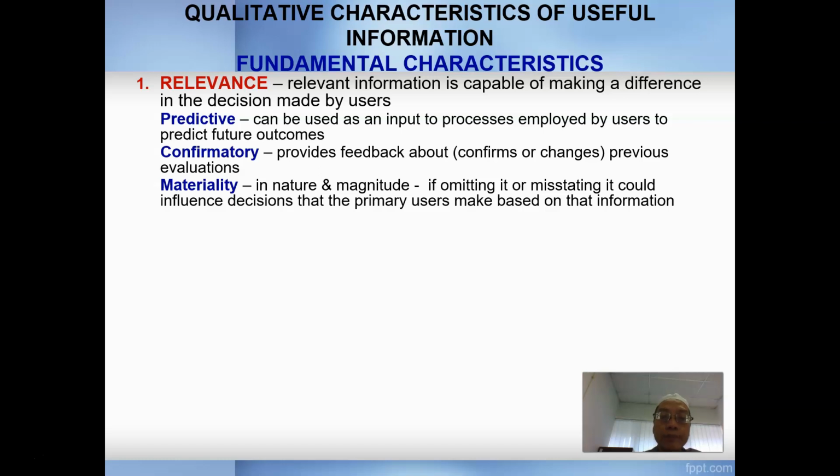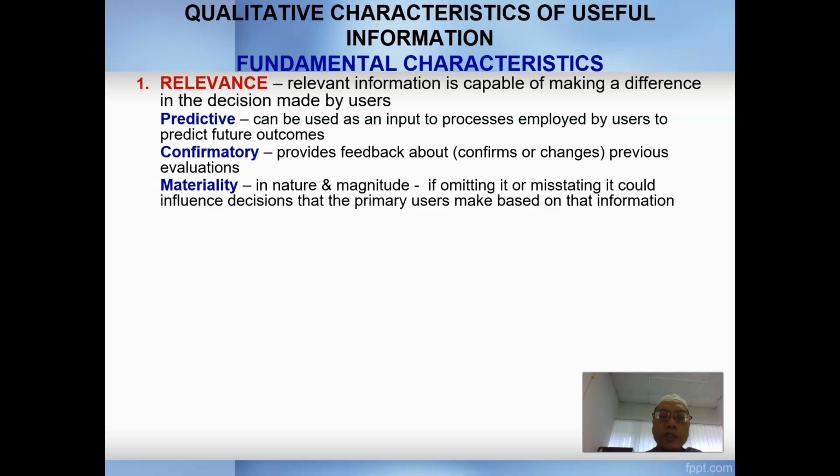So if an information is not included in the financial statement, or if that information is wrong, that would influence how users make decisions, then that information is considered as material.